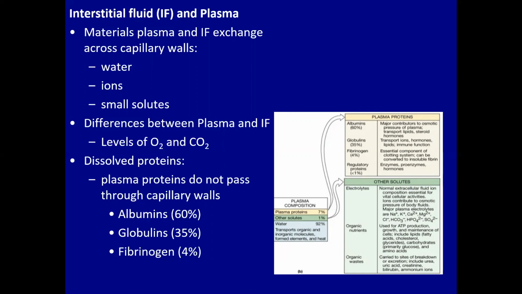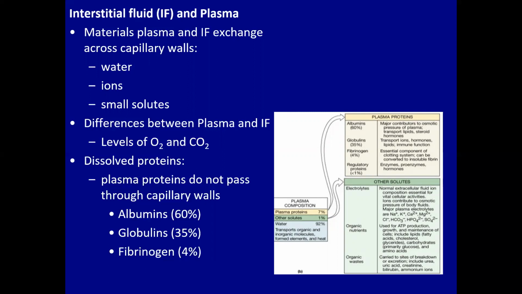The differences are the levels of O2 and CO2. It depends on where we're at within the capillaries, but we know that there is going to be more O2 and CO2 in the plasma than there will be in the interstitial fluid.